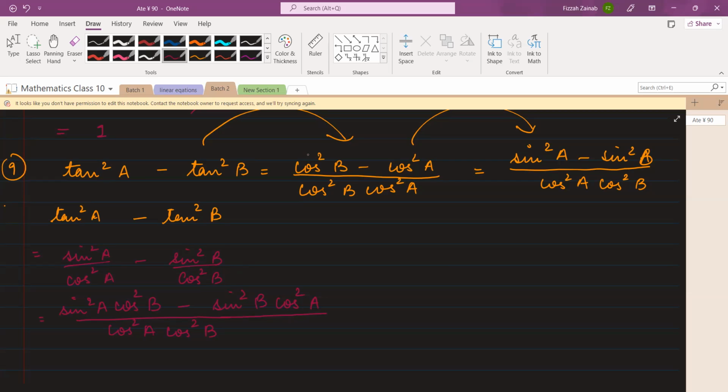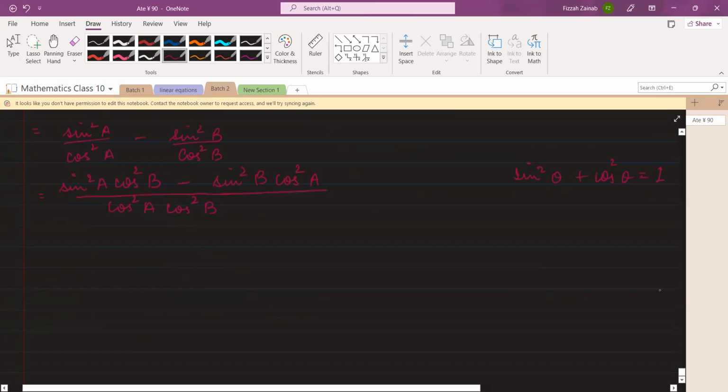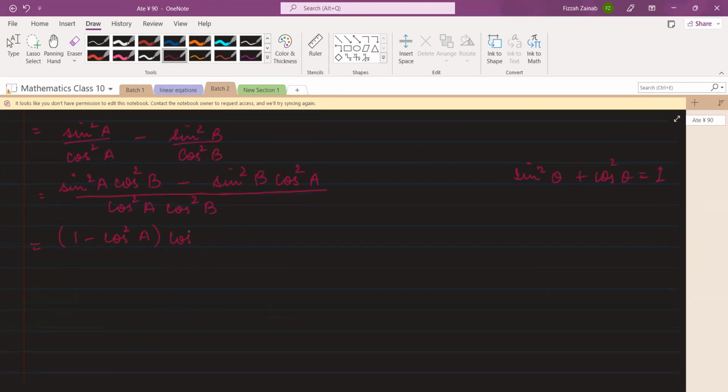Ultimately I want my answer, and everything is in cos here, right? So we can replace sine in terms of cos. We know sine square theta plus cos square theta is 1, right? So this sine square A, I can write 1 minus cos square A, and then cos square B minus, again, I'm writing 1 minus cos square B into cos square A.